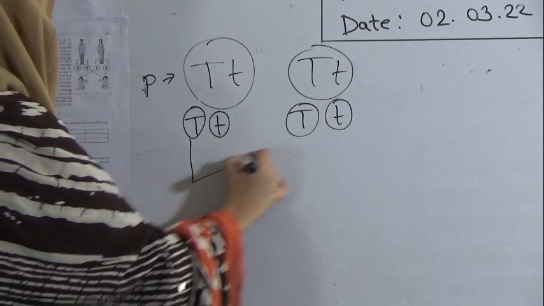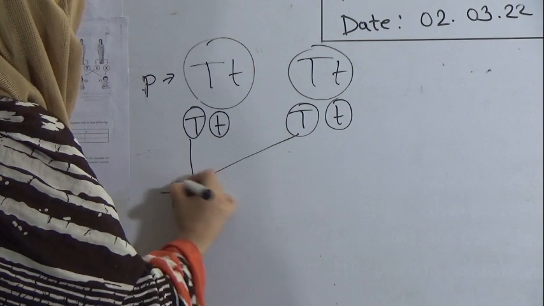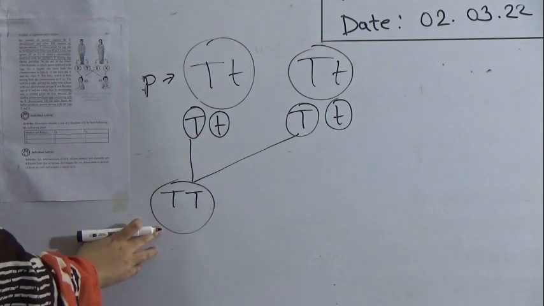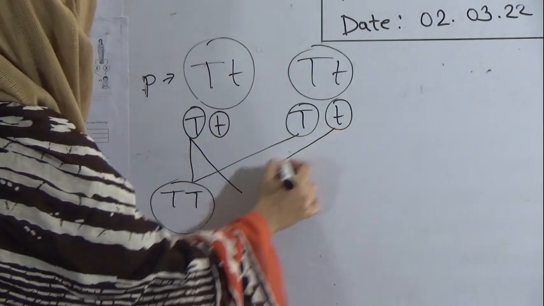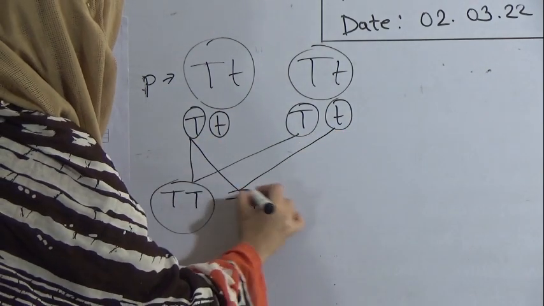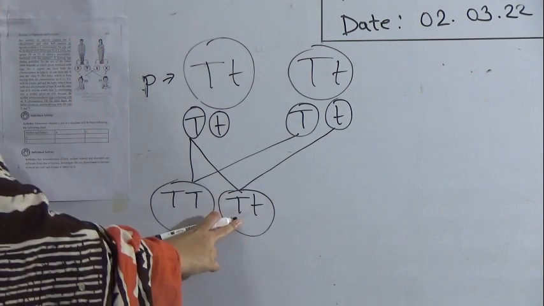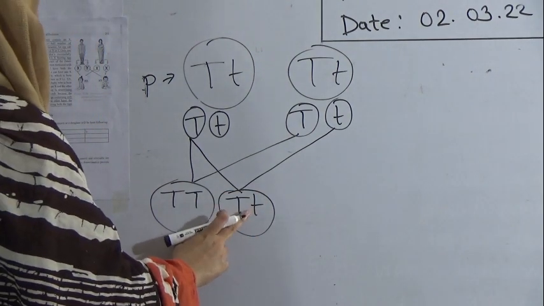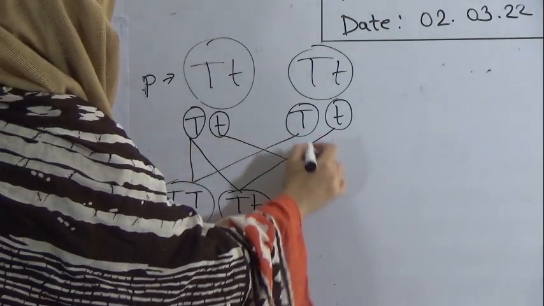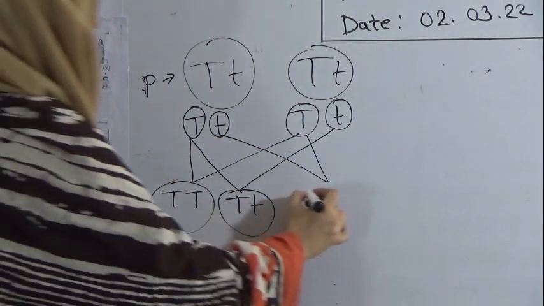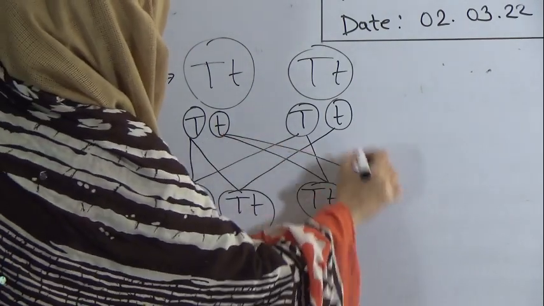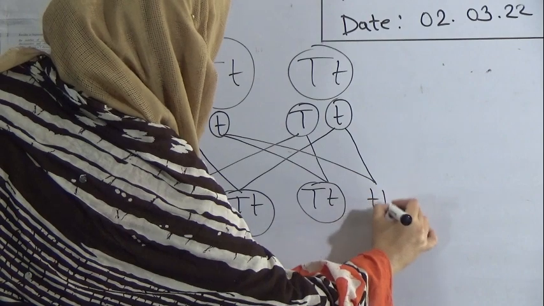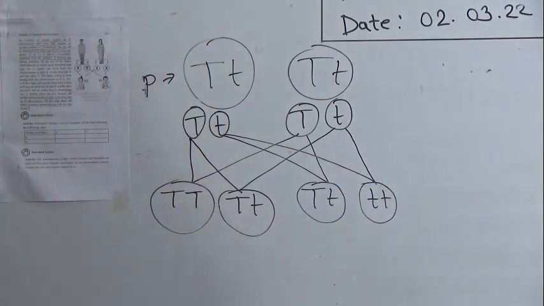If we cross them, then we will find here both are capital T, that means tall characteristics will be expressed, and here will be capital T, small t. For the presence of this capital T, it will be tall characteristics, and if this one crosses with this one, again it will be tall characteristics. And then when here is small t, both are small t, that means they will be short characters.